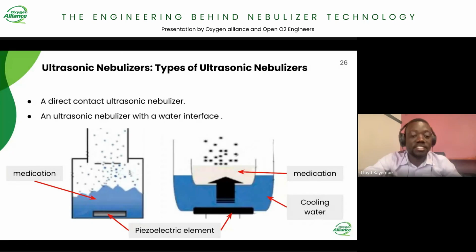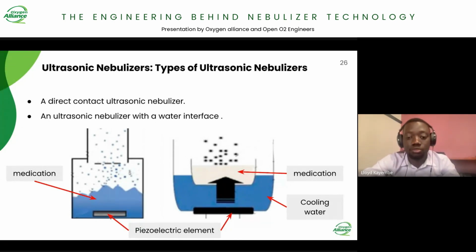These ultrasonic nebulizers can be divided into two types. There is the direct contact ultrasonic nebulizer, and the other one is an ultrasonic nebulizer with a water interface. In the image on the left, you can see the ultrasonic device that has a water interface. As I was saying previously, the piezoelectric element generates heat when it vibrates.